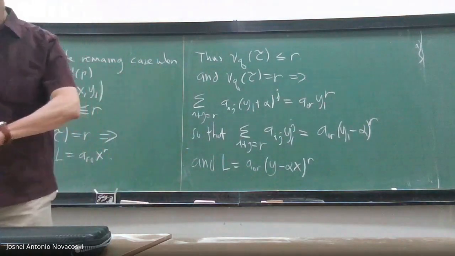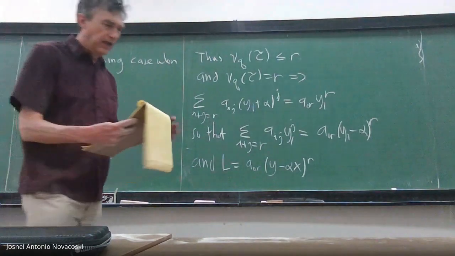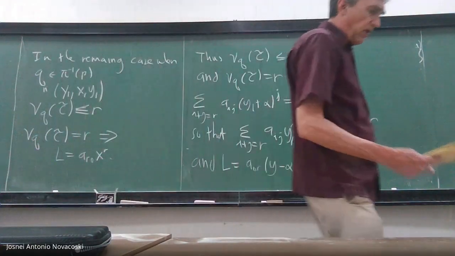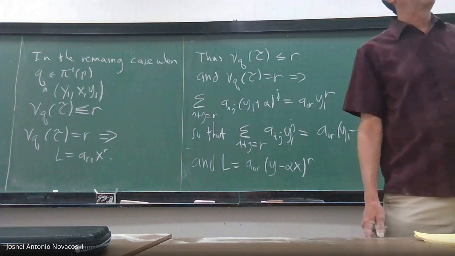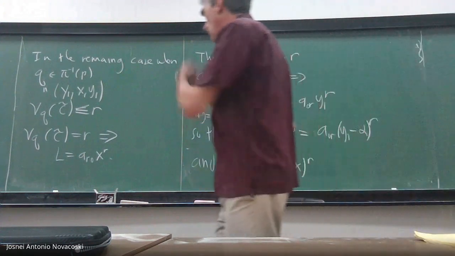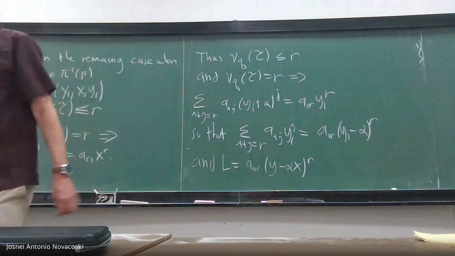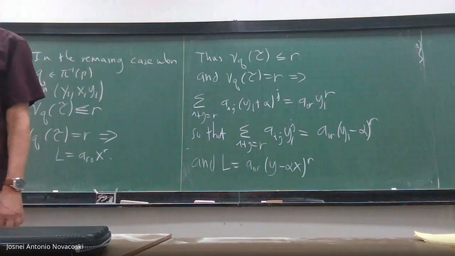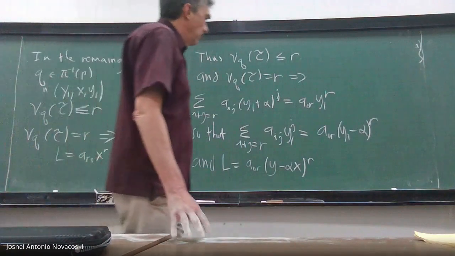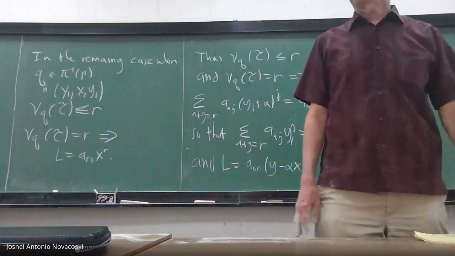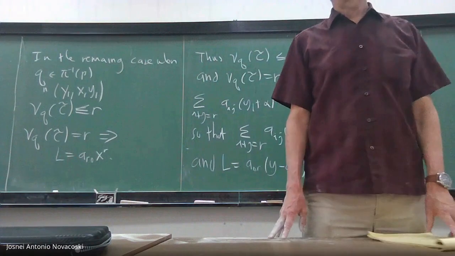Okay, so I'll stop here for today. And next time we'll start by completing the proof of resolution of surface singularities. First thing I want to do is make some comments: we did all these constructions in A2 because it's more transparent, but in fact, these calculations work in any regular local ring.